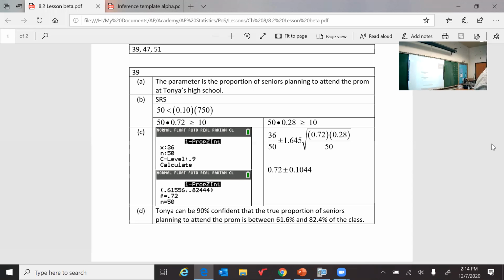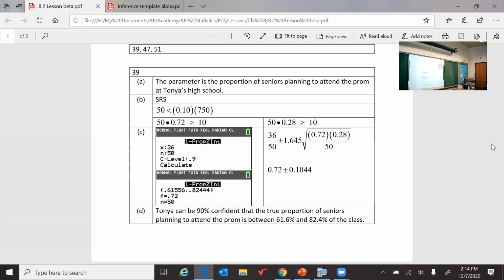Second distribution, 3. Inverse norm. You want 0.05, 0.1, enter. You got negative 1.645, yes?